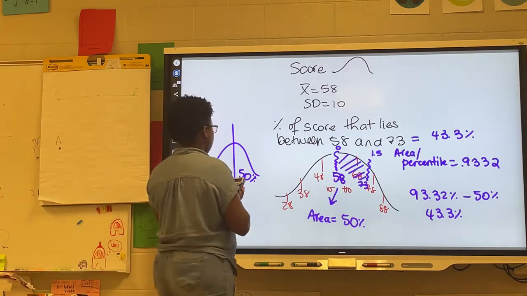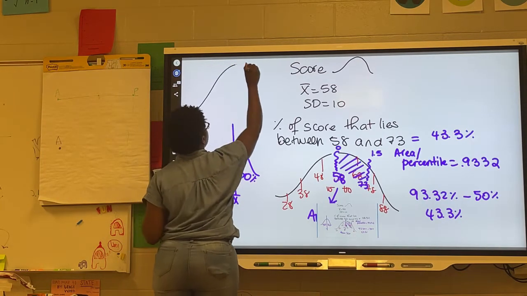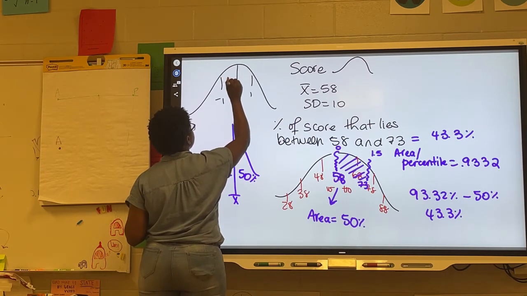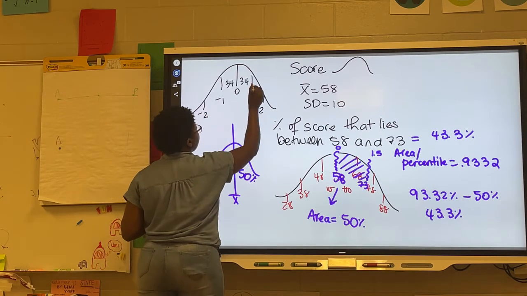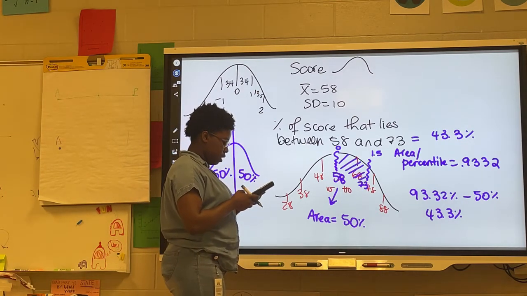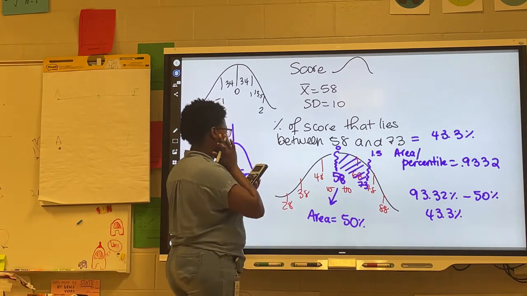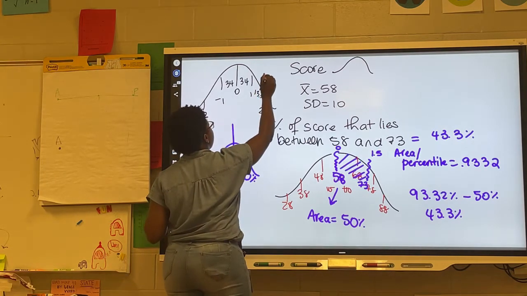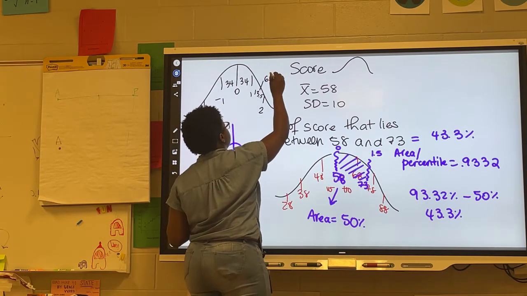Or if you look at the 68-95 rule, that's 0, that's 1, -1, so that's 34, and that's 34, that's 2, that's -2. Here is 13.5%. So 13.5 divided by 2 is basically 6.75. So half of this right here is 6.75 and the other part is 6.75.